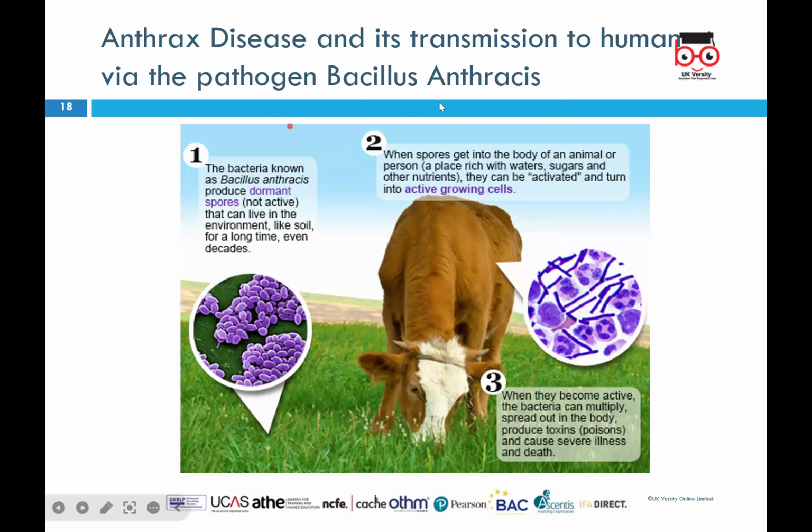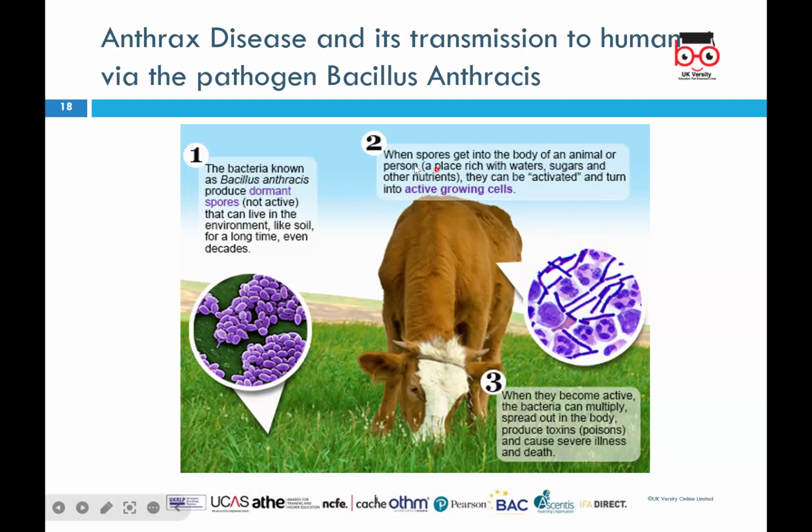Bacillus is for bacteria. The bacteria known as Bacillus anthracis produces dormant spores. This bacteria won't kill itself. It's going to produce spores that are not active. These can live in the environment like soil for a very long time, even for decades. So they can live for 10 years.